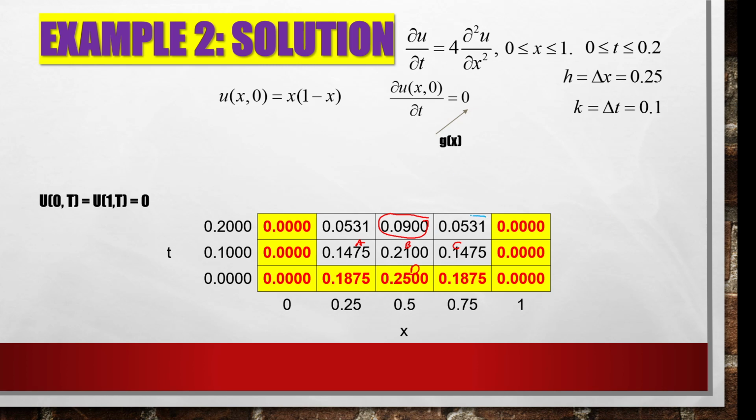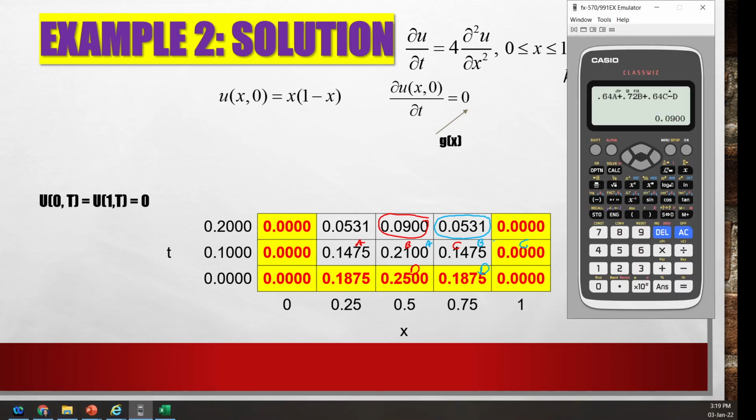Okay, now to calculate, use the blue color. So A is here, B, C, D. So calculate again. A is 0.21, B is 0.1475, C is 0, D is 0.1875.